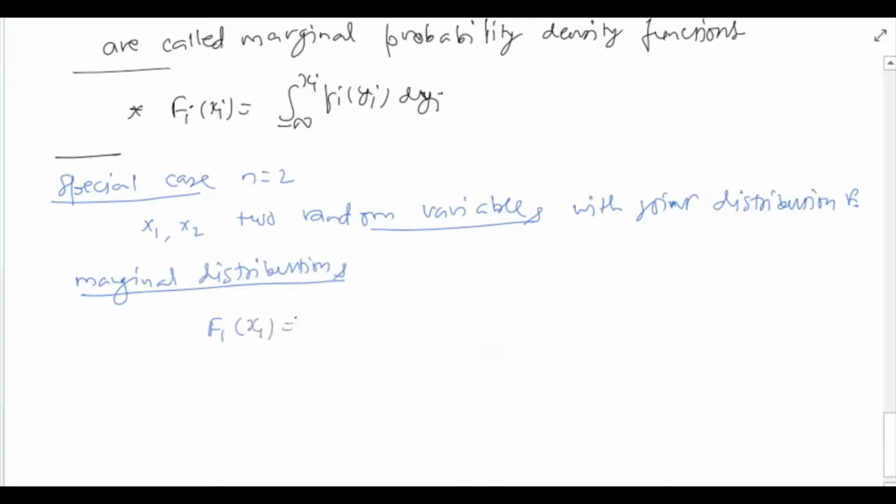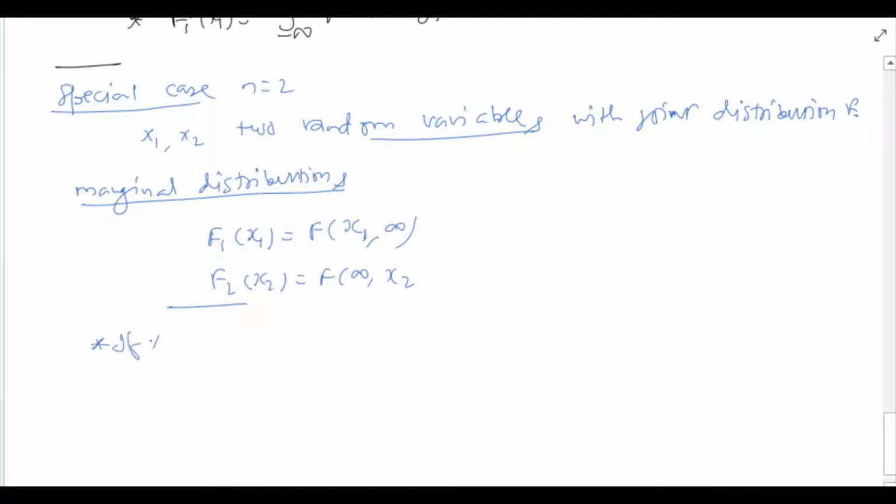F1 of x1 will be F of x1 comma infinity, F2 of x2 will be F of infinity comma x2.